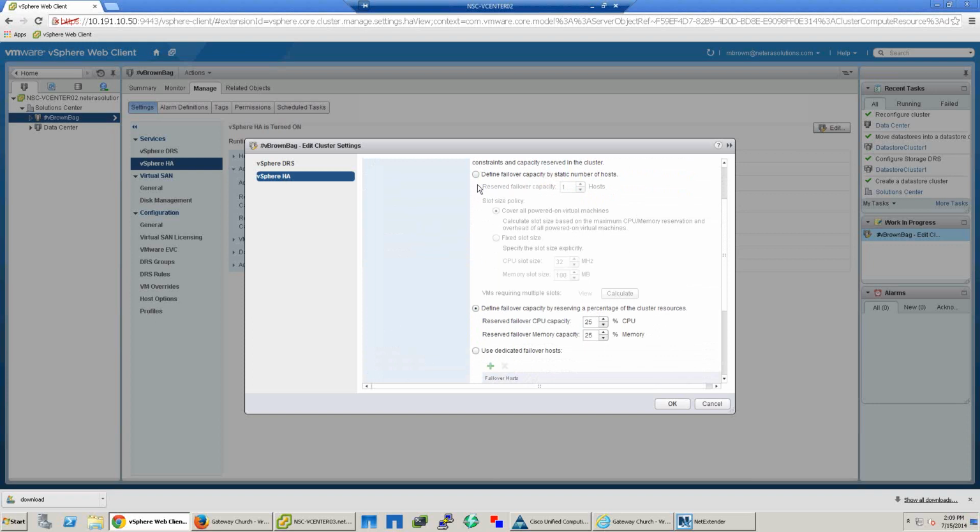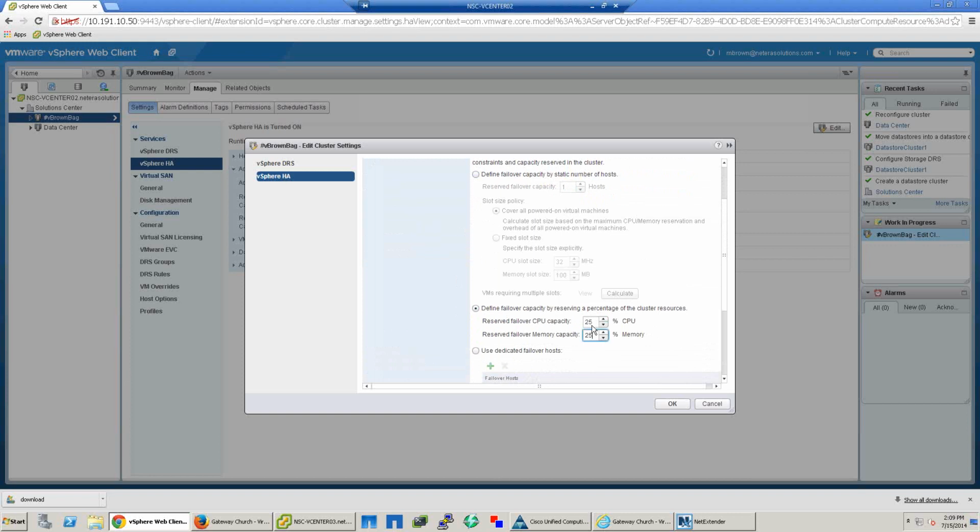So in this case, it calculates the slot sizes, and it knows how many VMs or how many slots will be available on the hosts, and it also tells the hosts how much to reserve in the case for admission control.